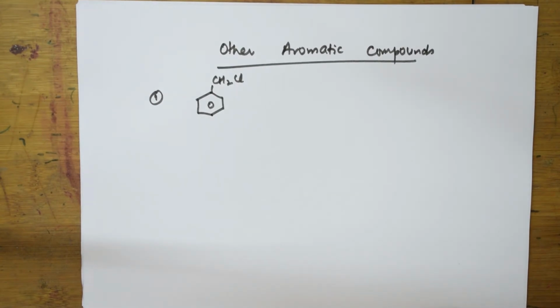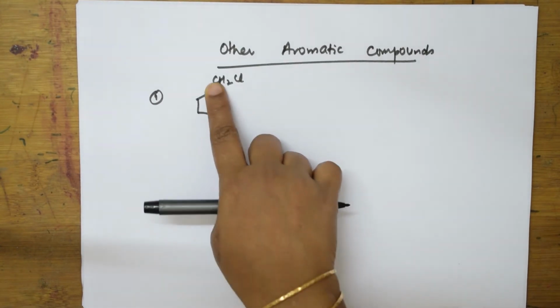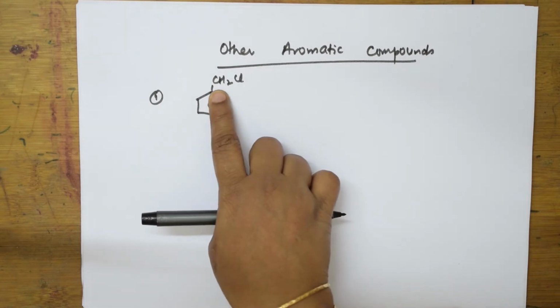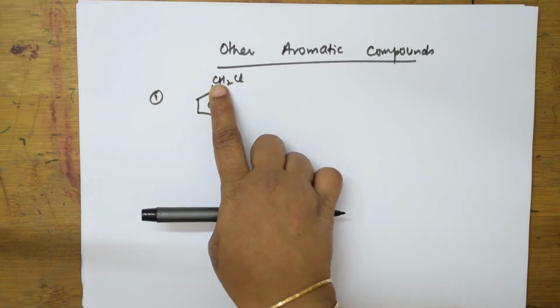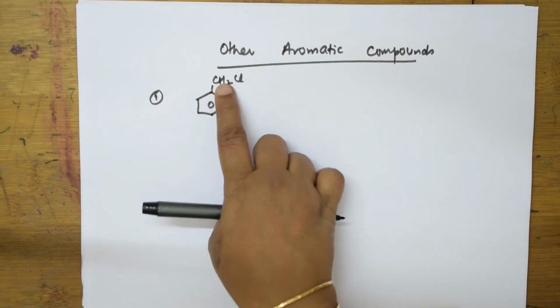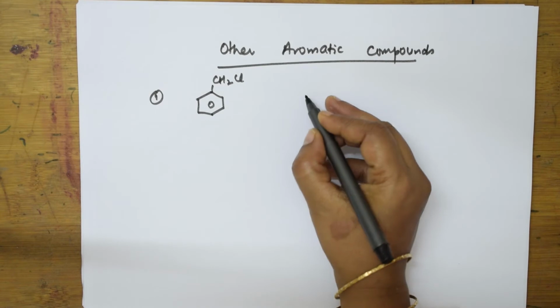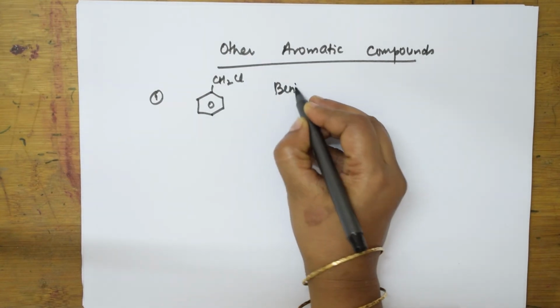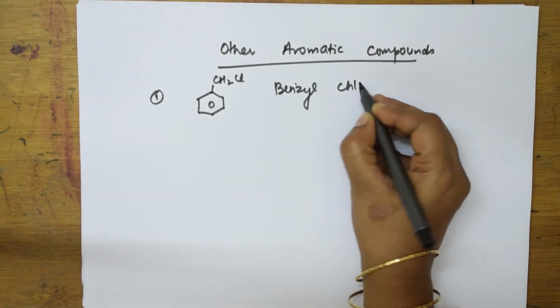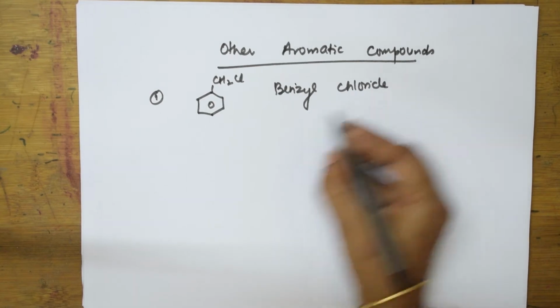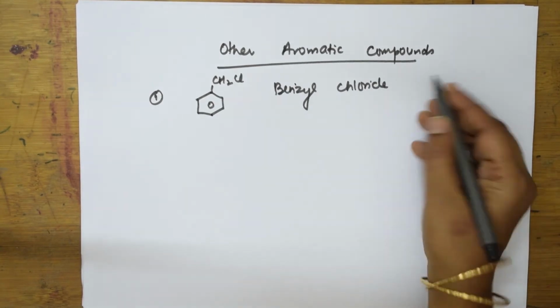What is this compound? If you have a halogen attached to a CH2 group, then it is called benzyl. Understand this. So name this compound: this is benzyl chloride, or you can call it phenyl chloromethane.